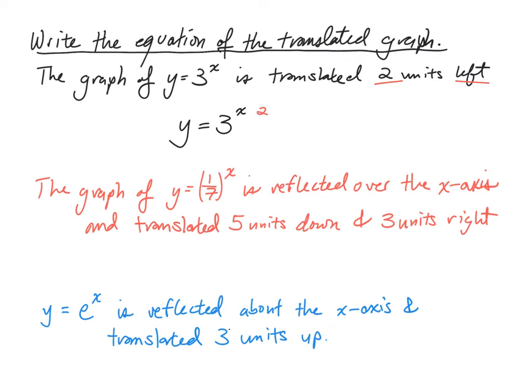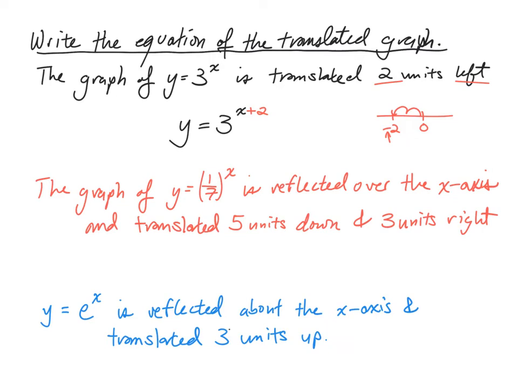But then we have to figure out, is it going to be a plus or is it going to be a minus? Well, let's see. 2 to the left. If you look at a normal number line, there's 0. If you move 2 units to the left, that puts you at a -2. But x's are tricky like that. They want you to fall for this every single time. We have to do the opposite of that sign.